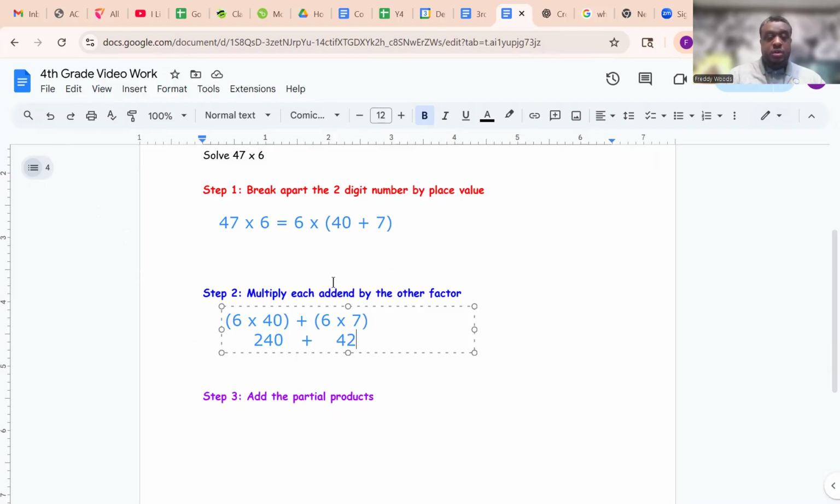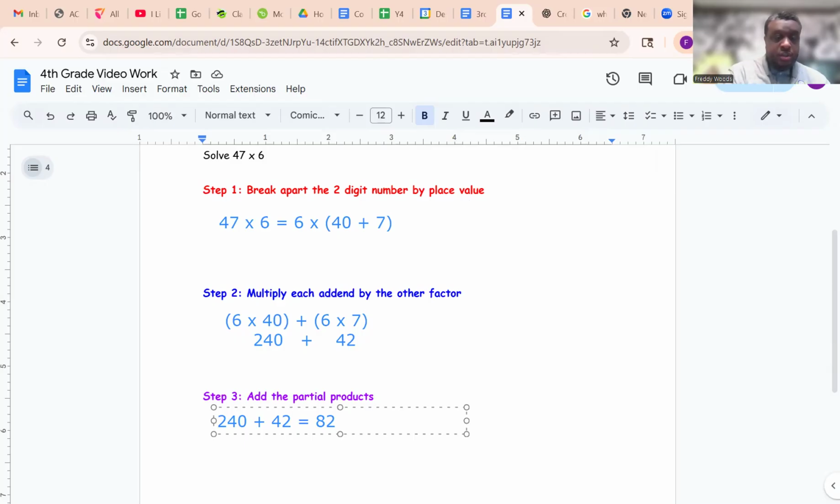So I have 240 plus 42, which equals, well, I know that 0 plus 2 is 2. 4 plus 4 is 8.